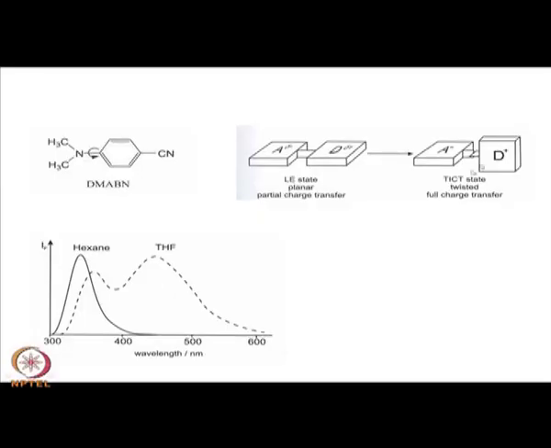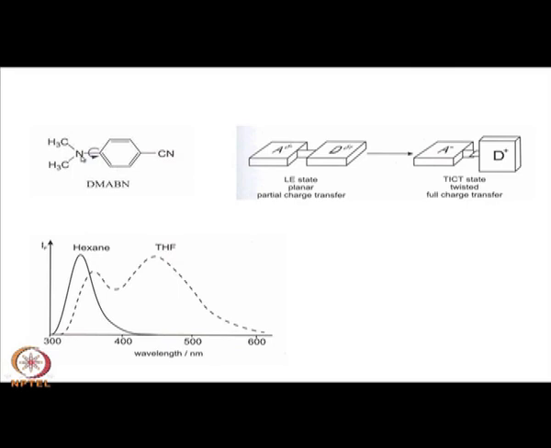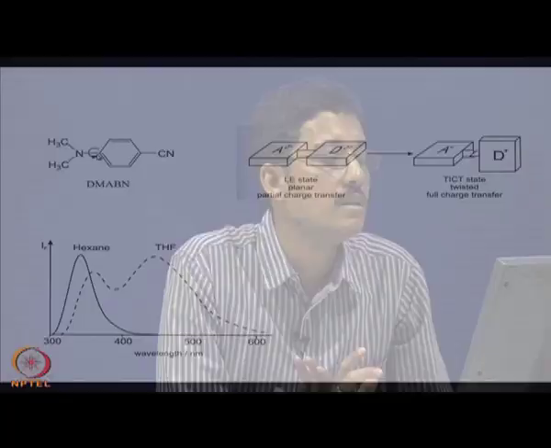So, this is called the twisted charge transfer state, and it is a result of intramolecular charge transfer. Okay. This is the twisted full charge transfer, and this is the planar partial charge transfer. Partial means a small fraction of the charge on this nitrogen is transferred from here to here, so that this carbon nitrogen bond is still maintaining its single bond character.